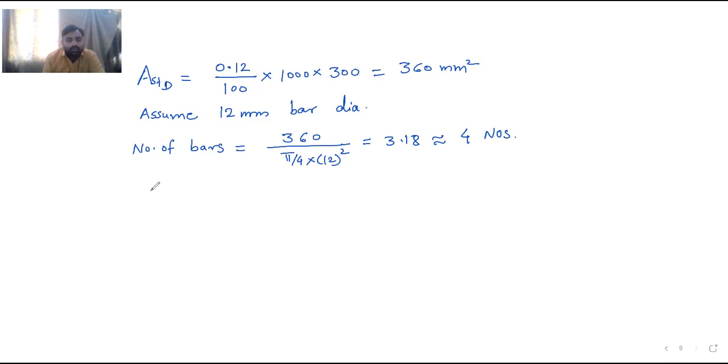So here ASTD provided, distribution steel provided. So what we are going to provide now, we are going to provide 4 bars, each of bar diameter 12 mm. So how much it is?